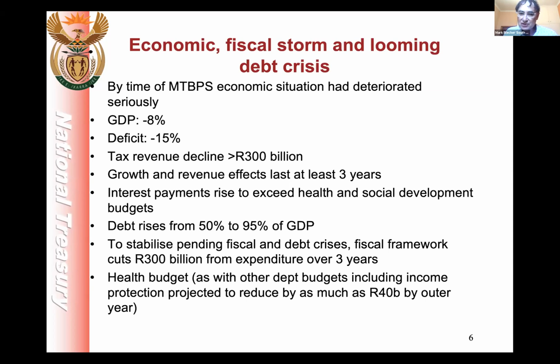panic starts setting in on the fiscal side, and people start trying to stabilize the fiscus in a climate that doesn't have low interest rates, doesn't have big fiscal reserves.